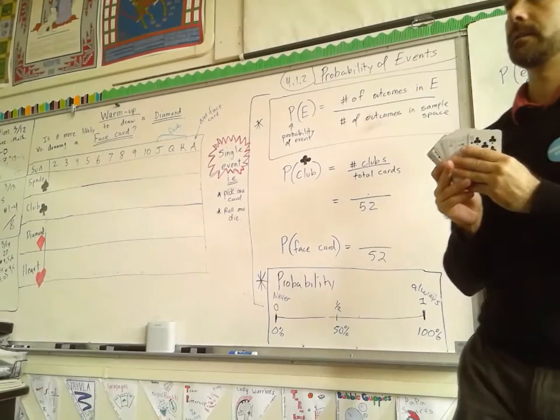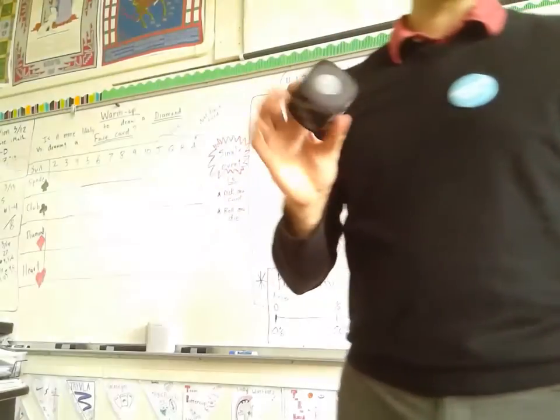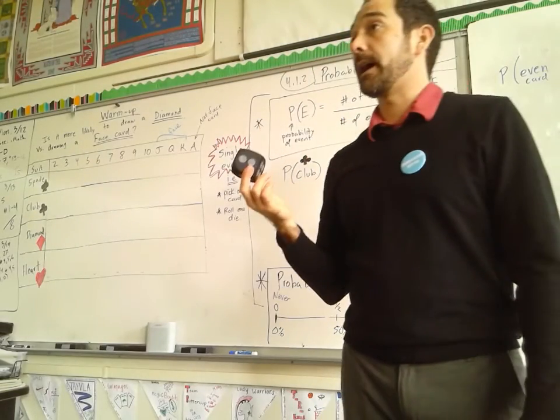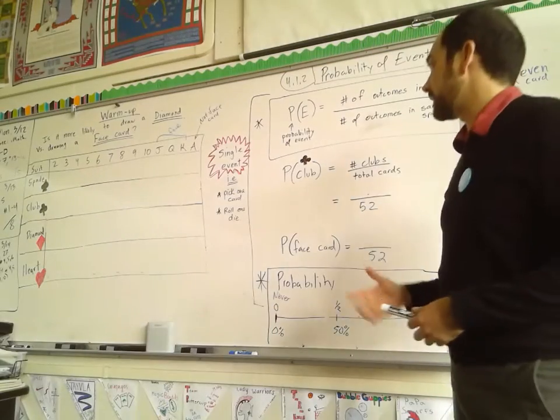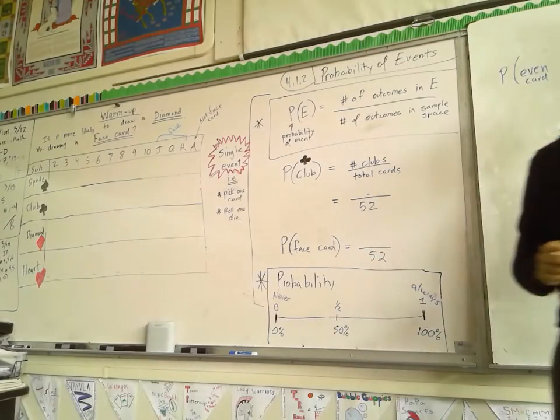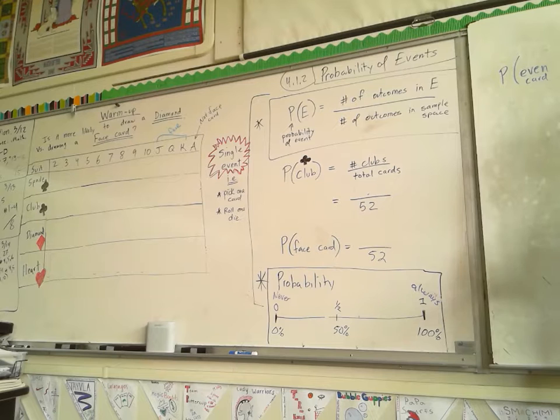It would be rolling one die, you just roll one die one time, and it could be flipping a coin. All these things, I think that logically we kind of know how they work, but we're going to figure out how to express it mathematically. So again, like Monday, it's just some notation we have to get used to. It's nothing too far-fetched from what we did Monday.